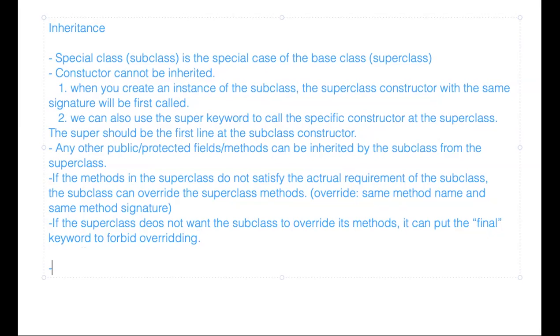In the last class, we compared four different access modifiers. Public is the broadest one. If you declare a method or field as public, then any class can access it. Then we have protected.